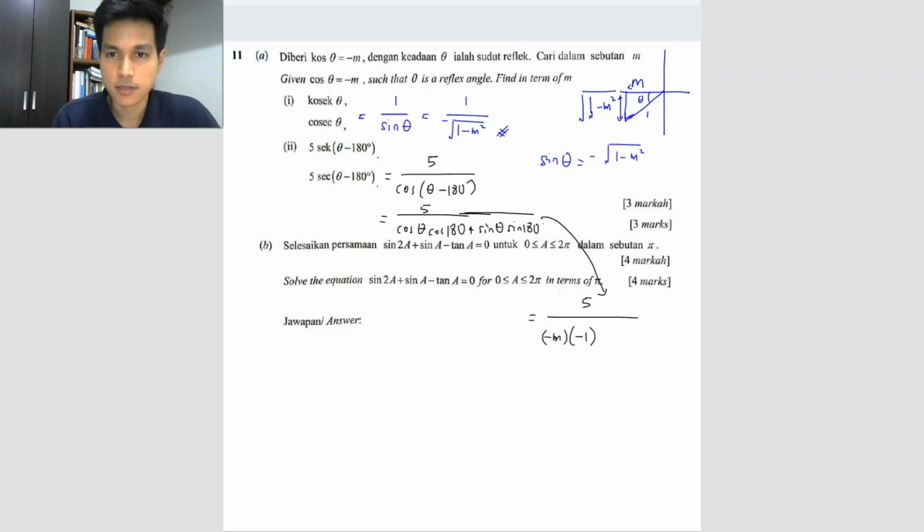Just key in your calculator. Sine theta you already found, it is the square root of 1 minus m squared, and then sine 180 is 0. So when you expand this, you should get 5 over m. That's it. 5 over m is your answer.